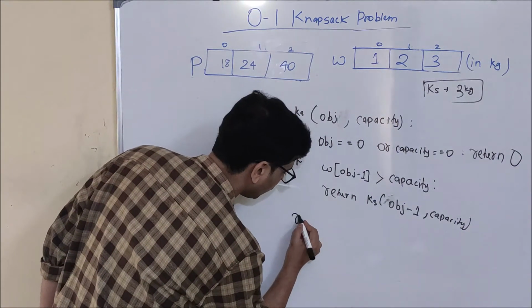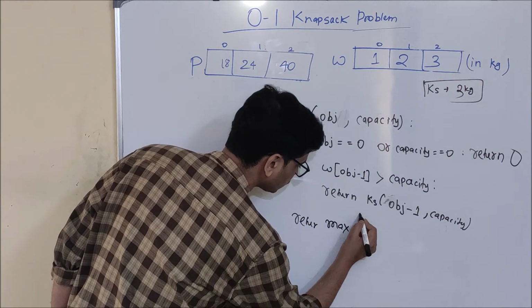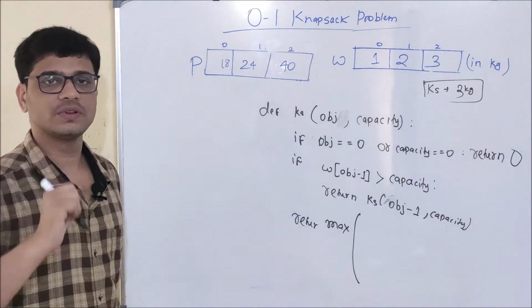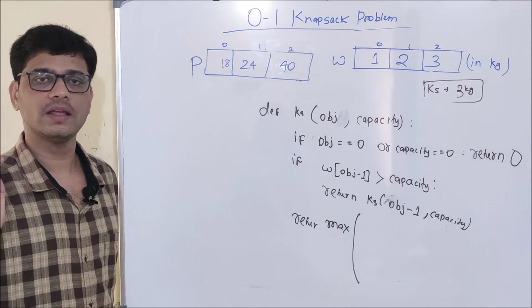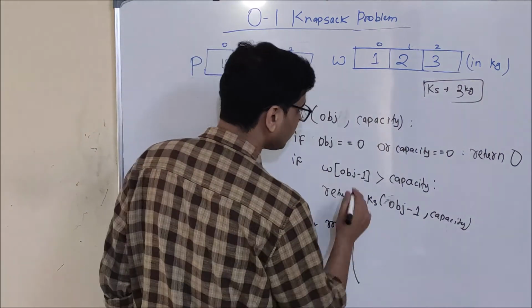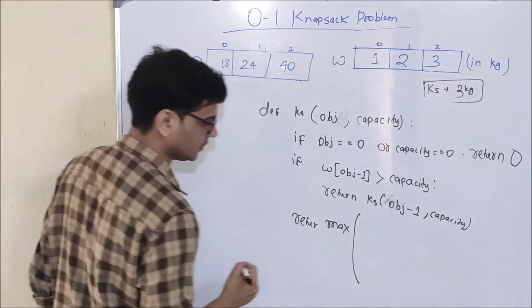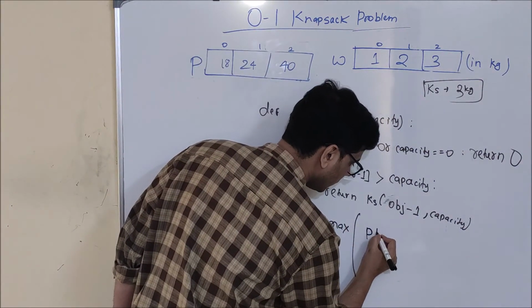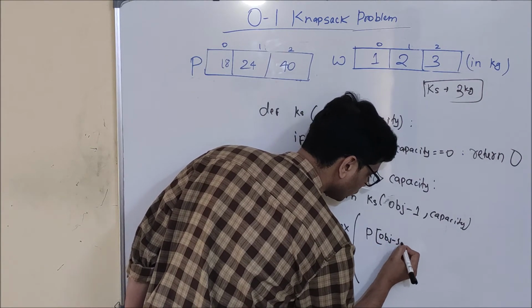So in this case we will return the max of, in the first option we will consider this object and in the second option we will ignore this object. If I consider this object, then I will have a profit associated with that object, so profit of obj minus 1.